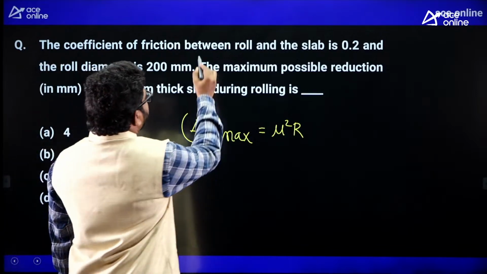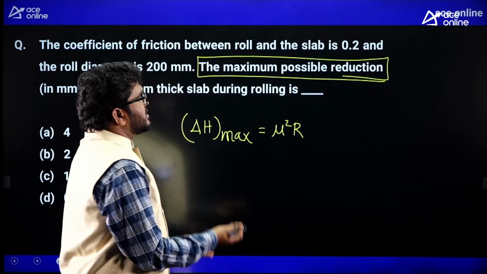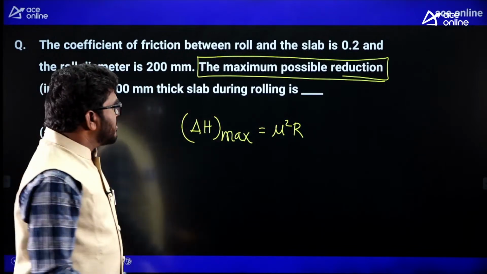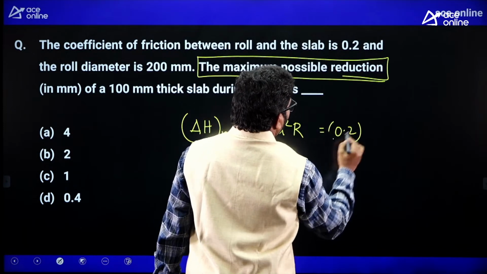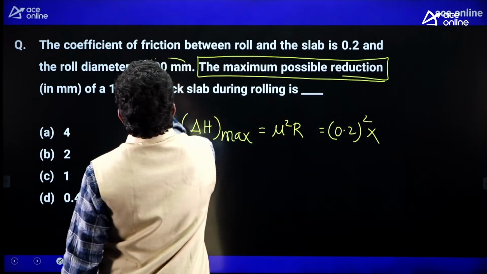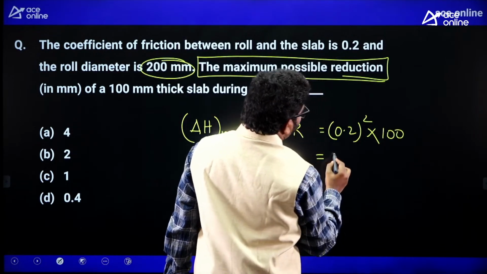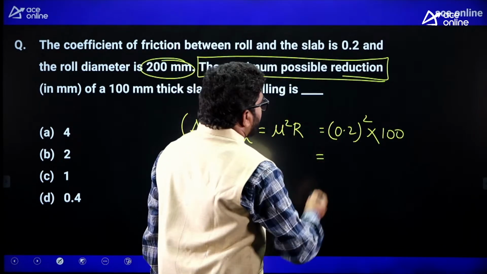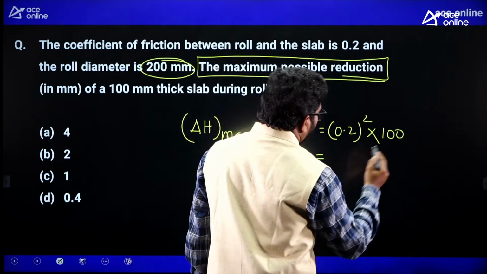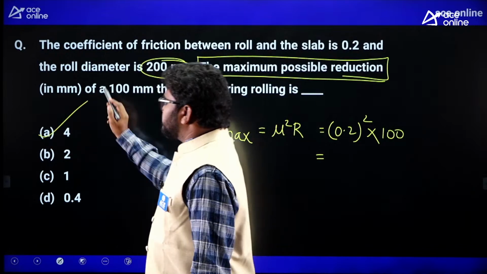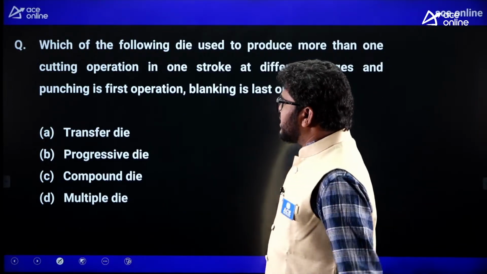Mu is 0.2 whole squared, into R, the diameter is 200 so R is 100. So 0.2 squared is 0.04, times 100, you will get 4. A is the correct answer for this question.